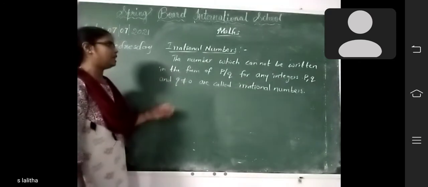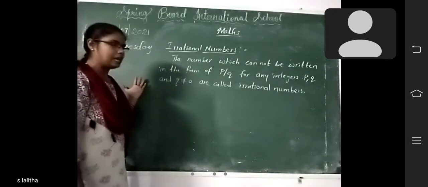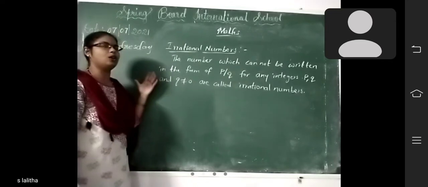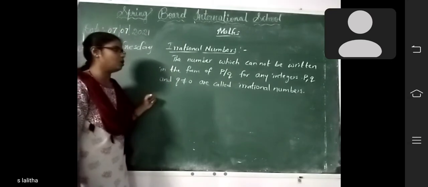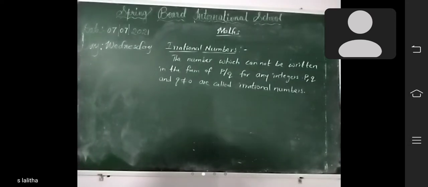Rational numbers are those which can be written in the P by Q form. But irrational numbers are those which cannot be written in the form of P by Q. And what about the decimal expansion?